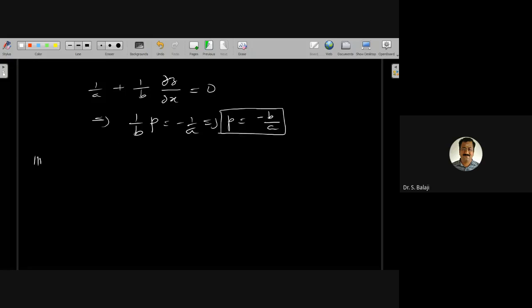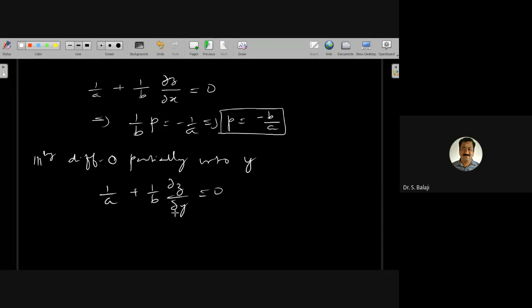Similarly, differentiate equation number 1 partially with respect to y. X by a gives 0 and y by a gives 1 by a. And then you get 1 by b dou z by dou y equal to 0 here. So 1 by b dou z by dou y, which is q, is equal to minus 1 by a.